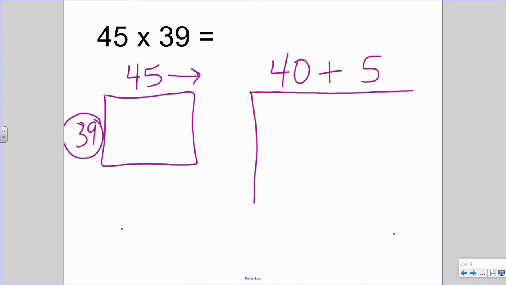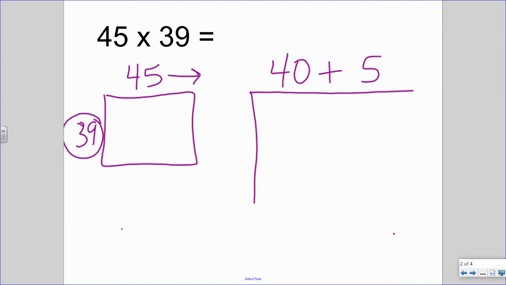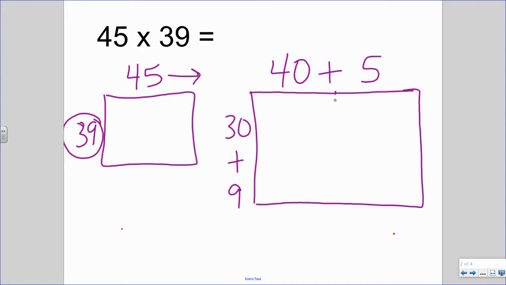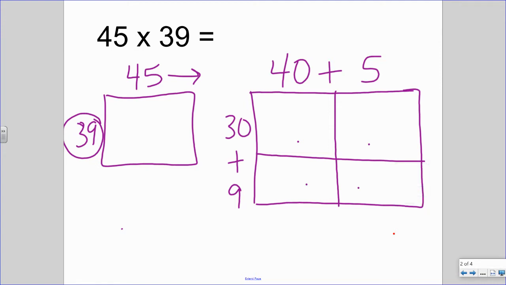And so that's not going to be very helpful. So what I'm going to do is I'm going to split up 39 into 30, and this time I'm going to go down, plus 9. And so now what I have is everywhere I have a plus sign, I'm going to draw a line. Now we have 1, 2, 3, 4 parts of our answer here, and we're just going to be using box and dot.